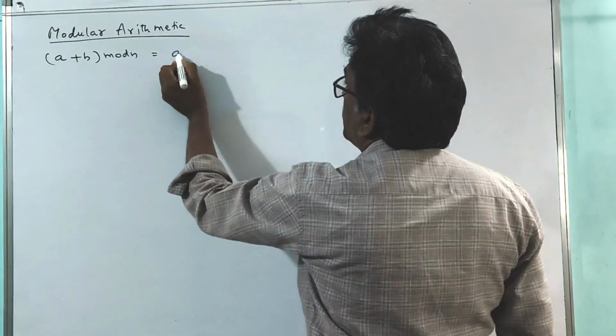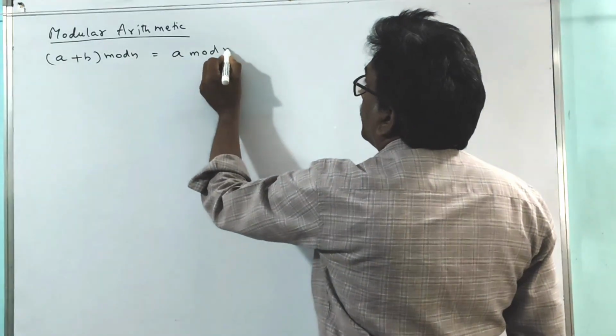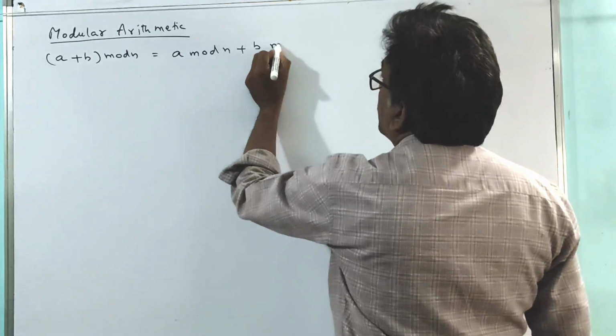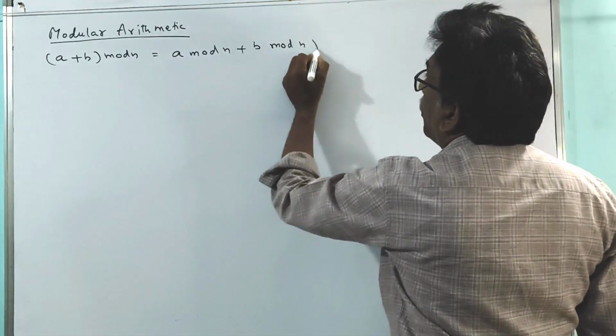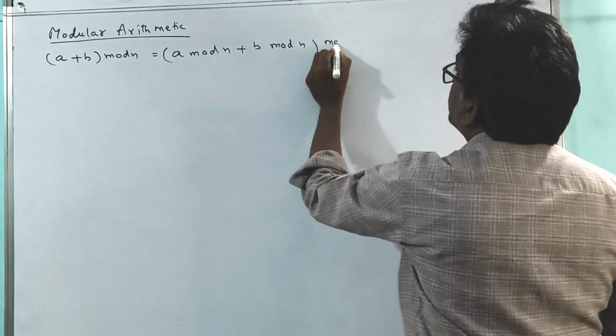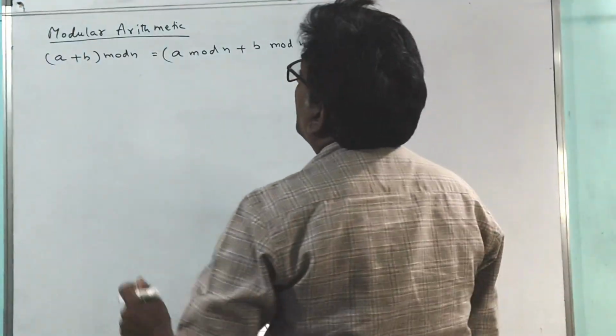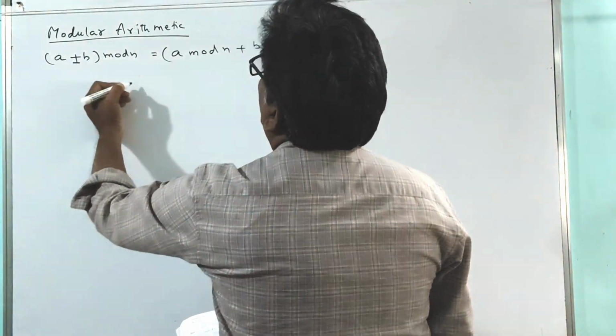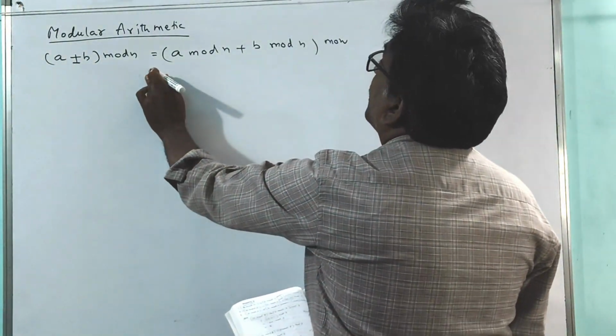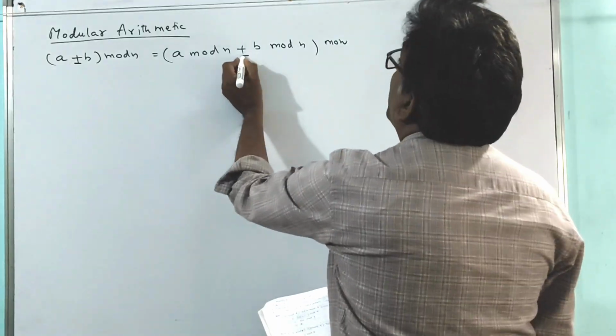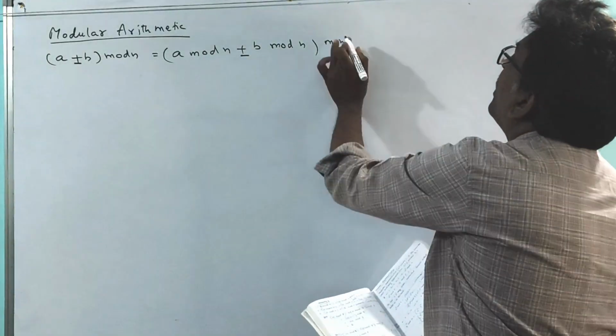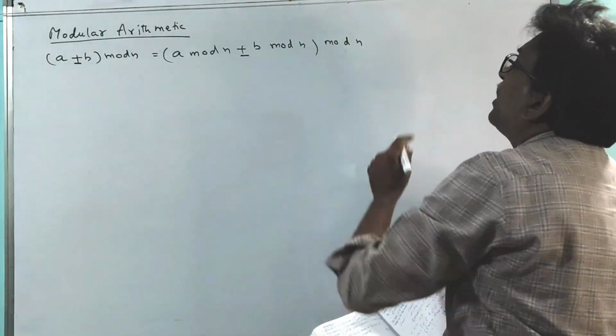So this can be written as a mod n plus b mod n, whole mod n. Similarly, if you want, (a minus b) mod n equals a mod n minus b mod n, whole mod n. Okay.